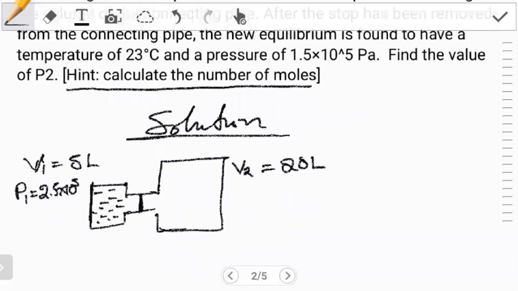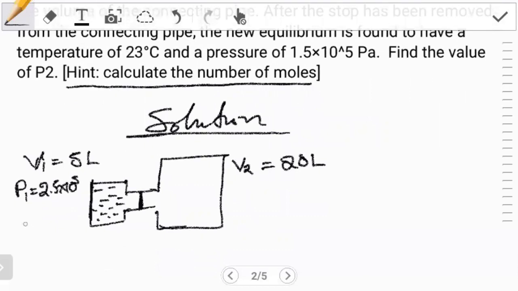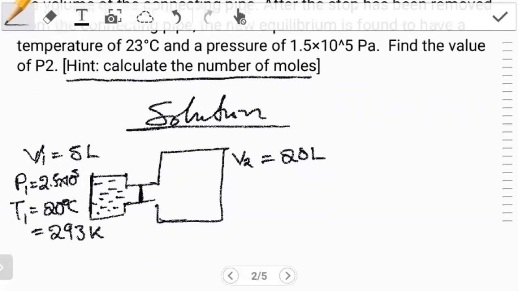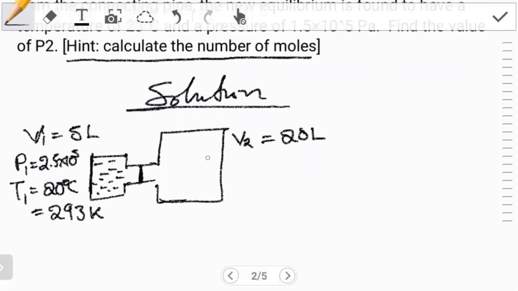Apart from that, we also have the temperature of this gas, which is initially at 20 degrees Celsius. Remember, you always want to work with kelvins unless otherwise stated. So we can convert this 20 degrees Celsius to kelvins, which becomes 293 kelvins. And on the other side, we have a similar gas.